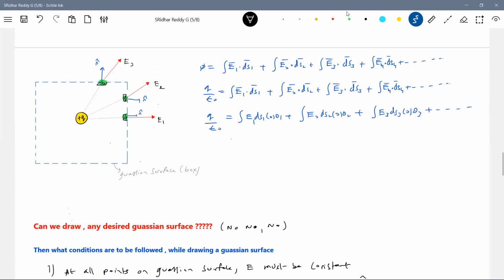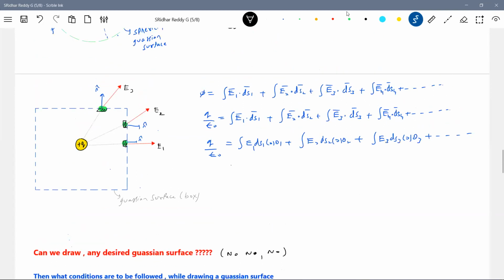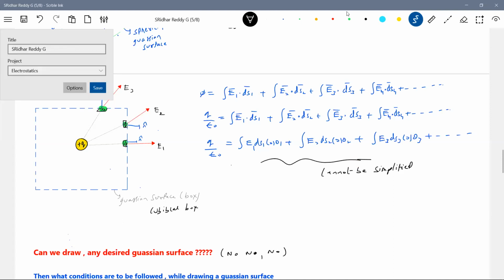Sir, I assumed here a cubical box as the Gaussian surface. We will not get the answer, it cannot be solved. Any doubt? Please do clarify it, because this will become very fundamental for you.